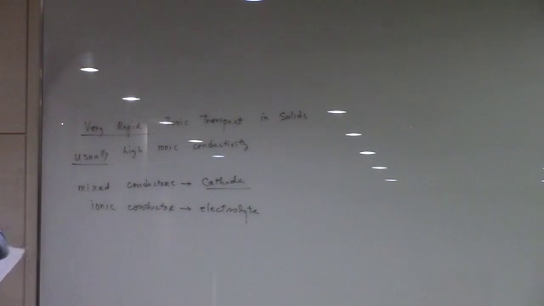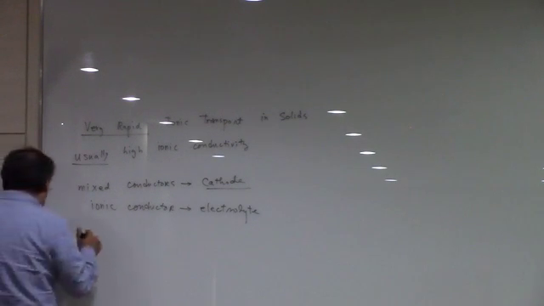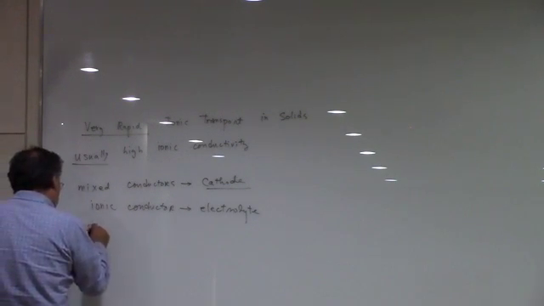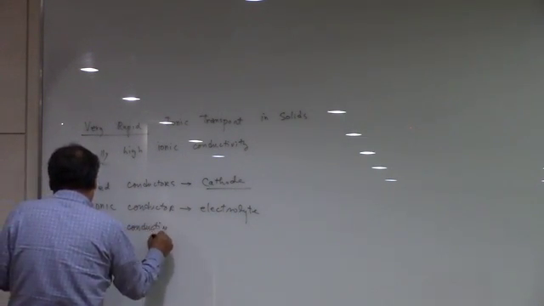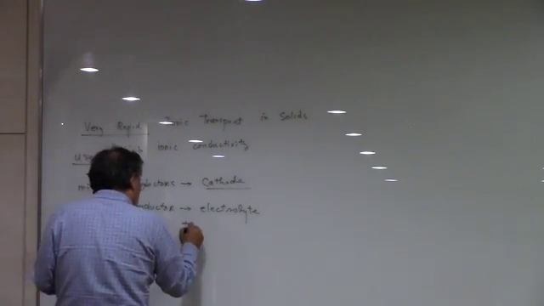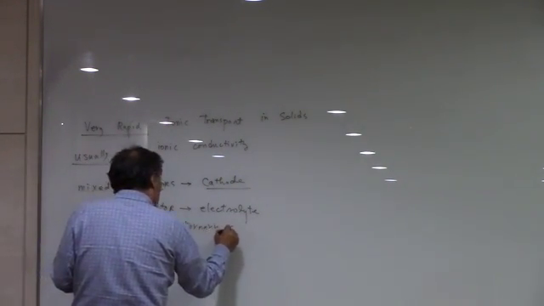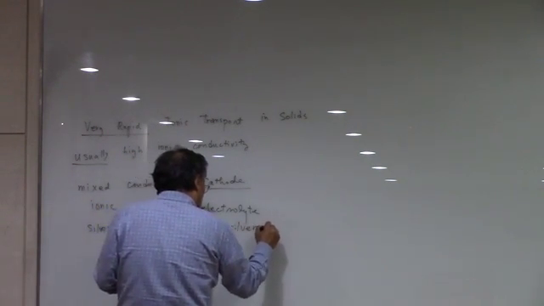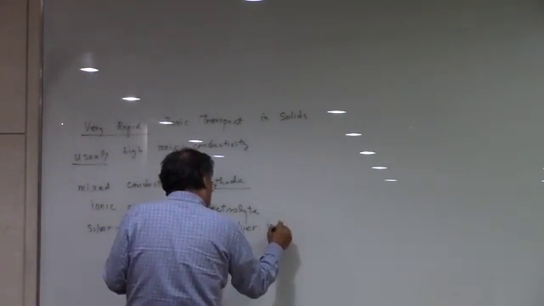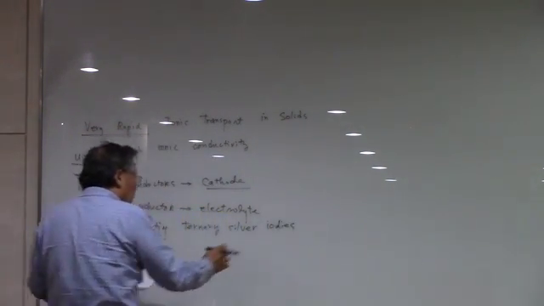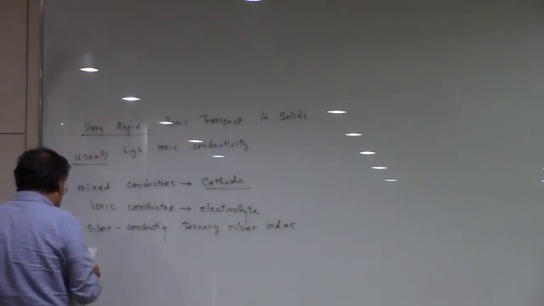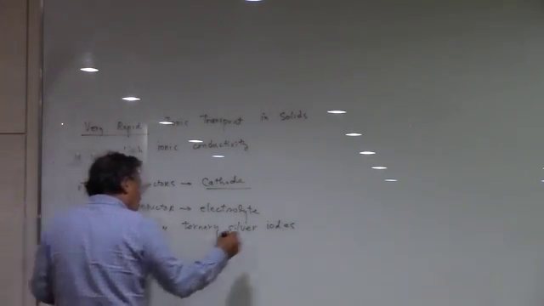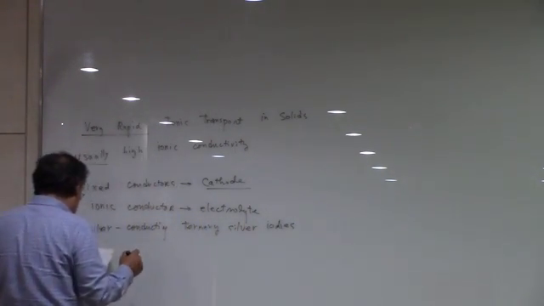Now, we have some observations of this very rapid ionic transport in solids, which is silver conducting ternary silver iodides. Iodides, we have an I there.